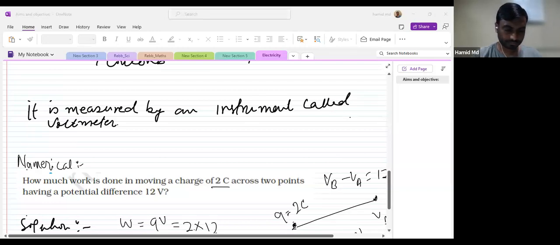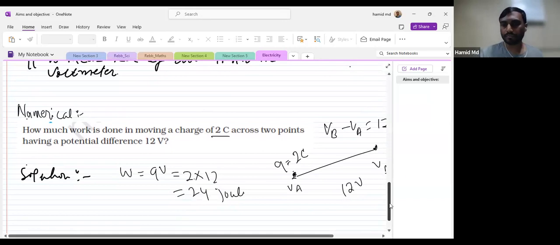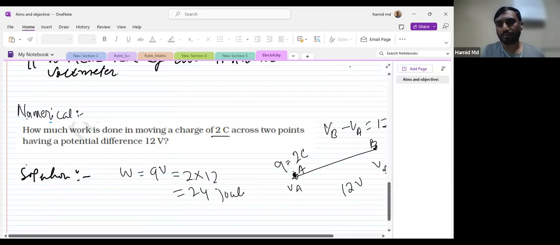So can you explain what's VB? VB is potential difference at point B. Suppose this is point A and this is point B. So corresponding to this is VB, and corresponding to this, the potential is VA.